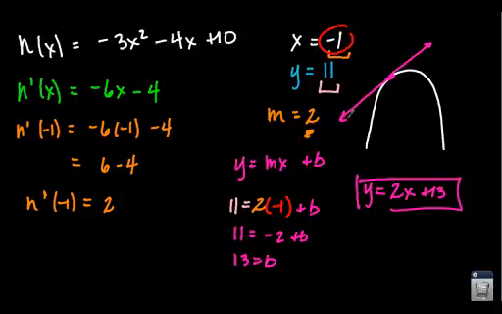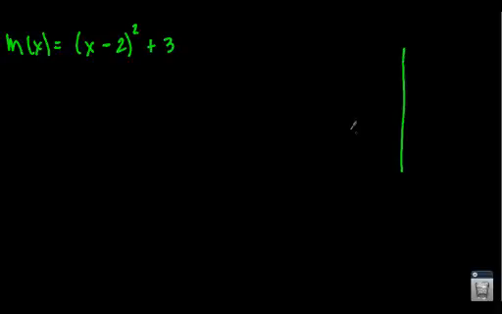Alright, let's do one more. We'll call this m of x. And we're going to actually put this in vertex form. So we'll say x minus 2 quantity squared plus 3. What we know is our vertex is at 2, 3. There's no stretch or shrink, so it's just the width of a regular parabola.